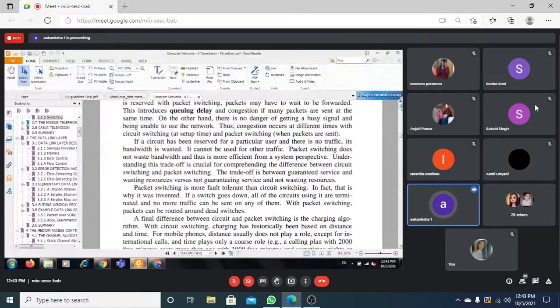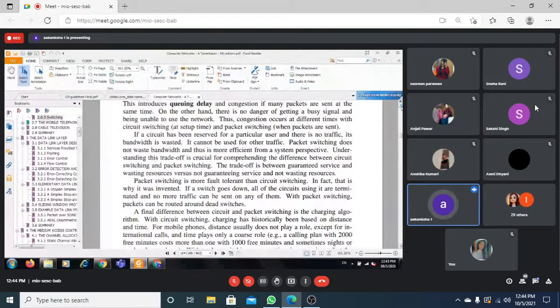But with packet switching अगर आपका स्विच खराब है कोई बात नहीं, आपको सर्किट एस्टेब्लिश नहीं करना है, कोई और स्विच अगर ठीक है तो उस स्विच से कनेक्ट करके आप पैकेट्स को रिसीव और सेंड कर सकते हो. तो इस कॉन्टेक्स्ट में पैकेट स्विचिंग इज मच बेटर.